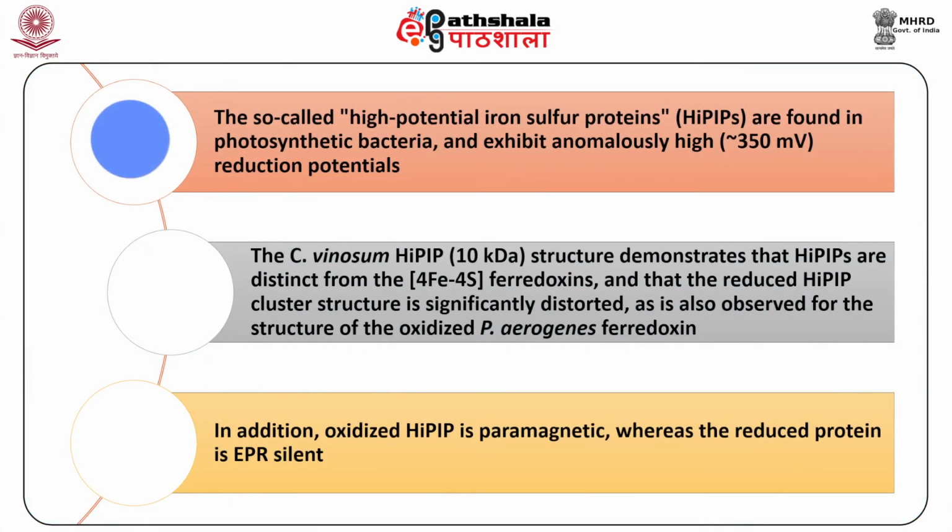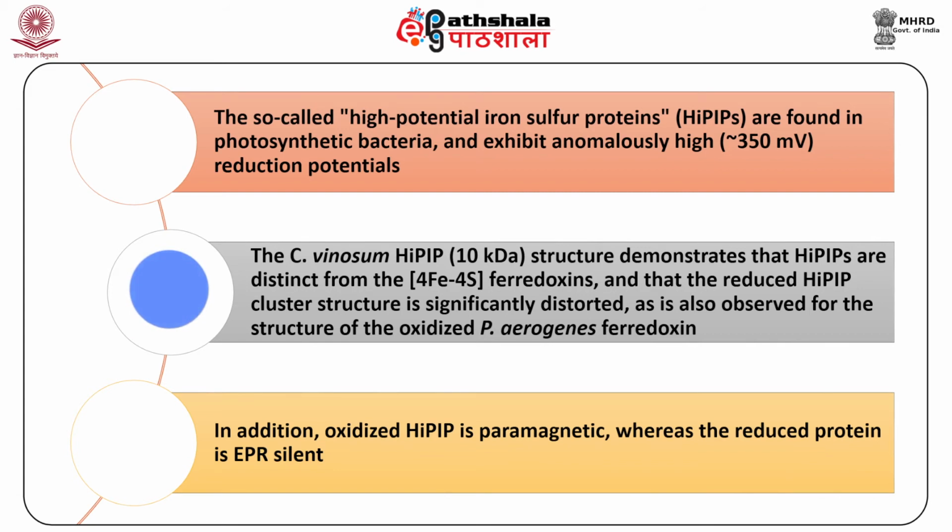The so-called high potential iron-sulfur proteins, HiPIP, are found in photosynthetic bacteria and exhibit anomalously high, approximately 350 millivolt, reduction potentials.